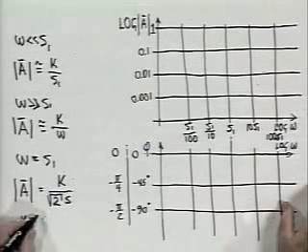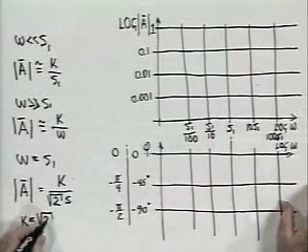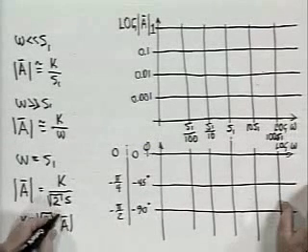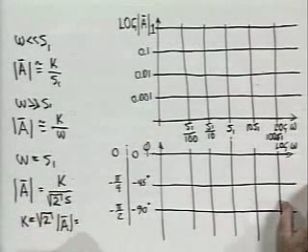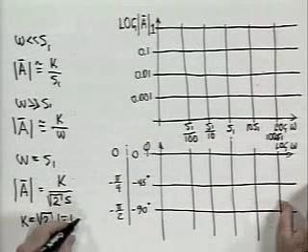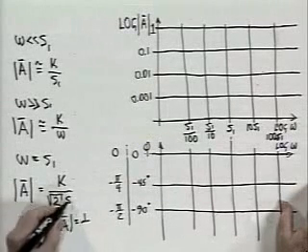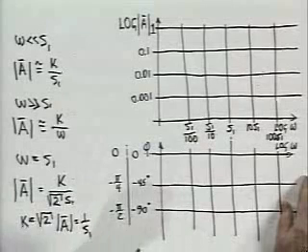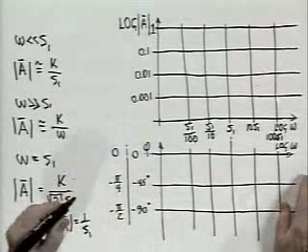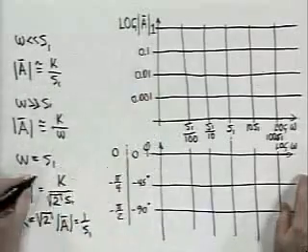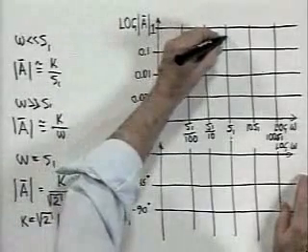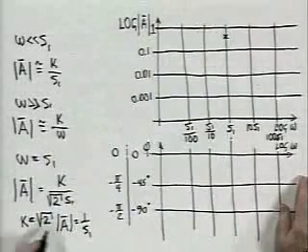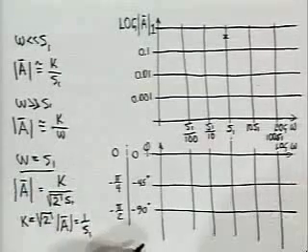To make things simple for plotting it, let's assume that K, a constant that results from the circuit, is equal to the square root of 2. If we do that, then the magnitude of A at S1 is just equal to 1 over S1. Let's assume that 1 over S1 at frequency S1 is a point here. That is, this is the point that we plotted for the frequency equals S1.